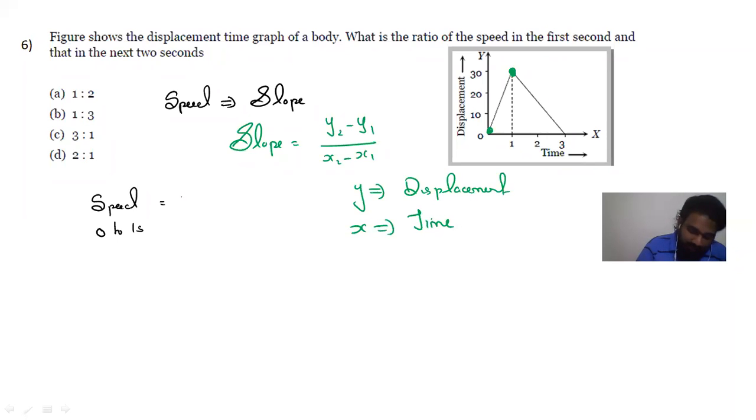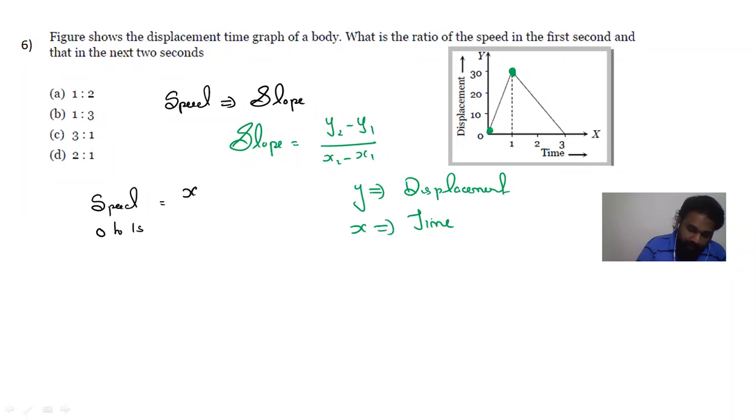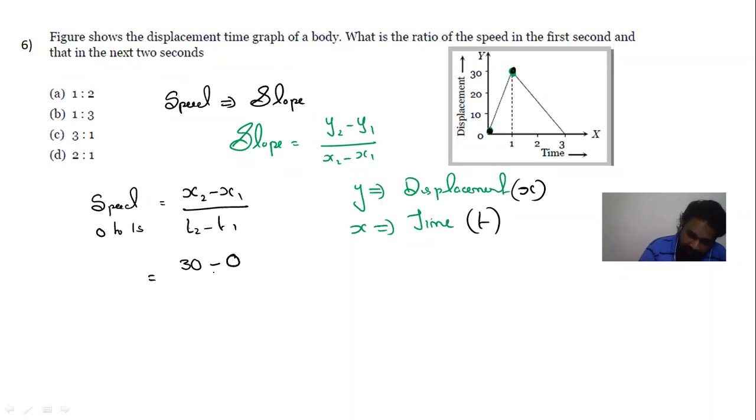Okay, so here when they ask speed, what we will do? We will take x2 minus x1, which is nothing but displacement, divided by t2 minus t1. So displacement by time t. Now, what is the displacement? x2 is 30, that is this point, and here x1 is nothing but 0.